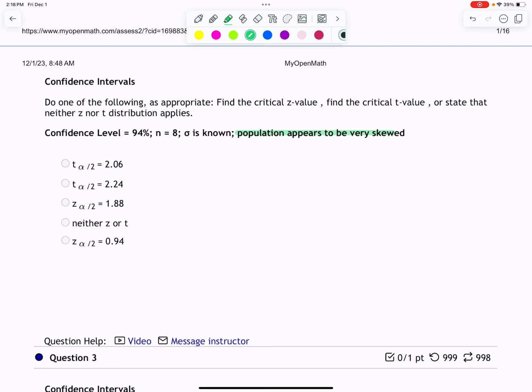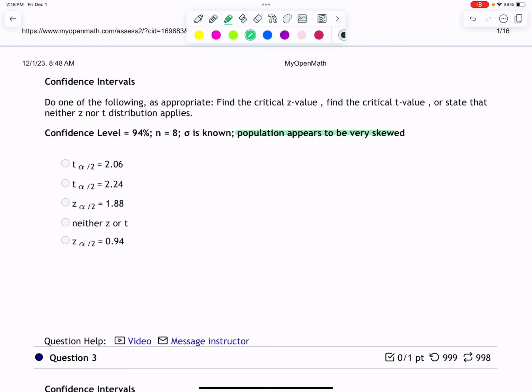Now, if you look at the first page of section 8.2 in your notes, for choosing between student T and normal Z, you look at the conditions, and it says, since we do know that sigma is known, we have to have a normally distributed population. Well, it's not normally distributed. It says it's skewed. And that sigma is known.